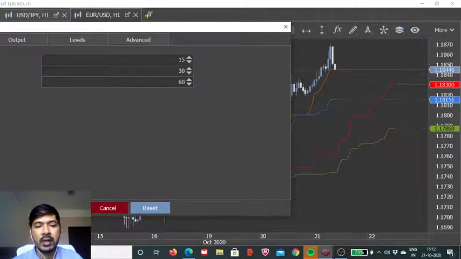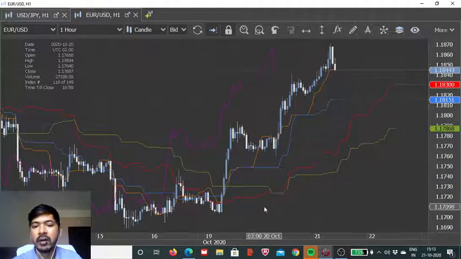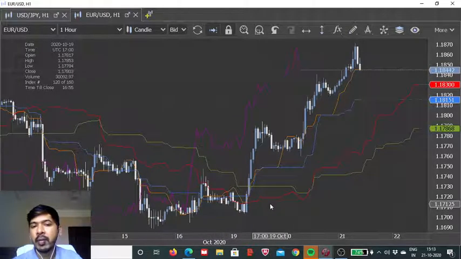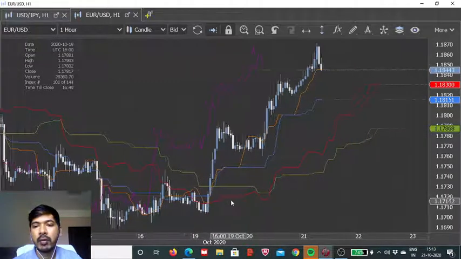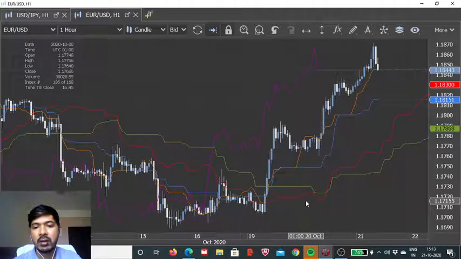To some extent, these output values have now changed, as you can see from this plotting. There is a marked difference between how these lines are now plotted compared to the prior plotting when the values were in the default condition.